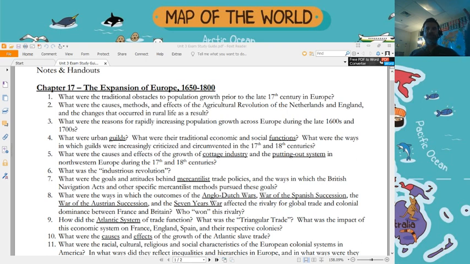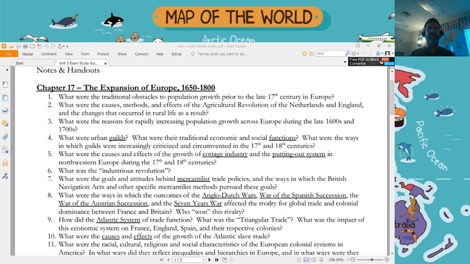If one country is selling something to another in a trade relationship, then they are winning, essentially. They're taking in wealth from the other country, and the other country is sending out wealth in the form of gold and silver.